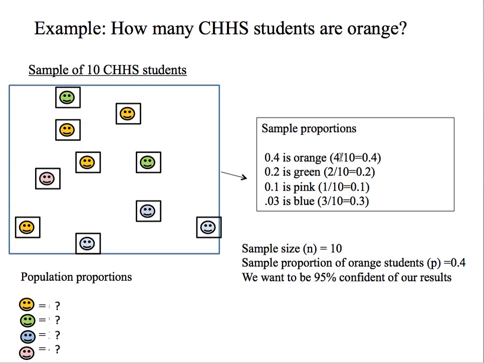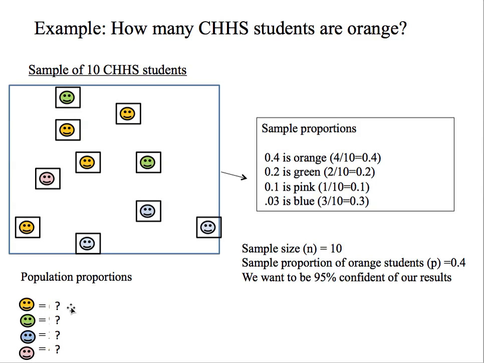I got that by dividing 4 by the sample size. That's 0.4, or 40% of the students are orange in my sample, 20% are green, 10% are pink, and 30% are blue.